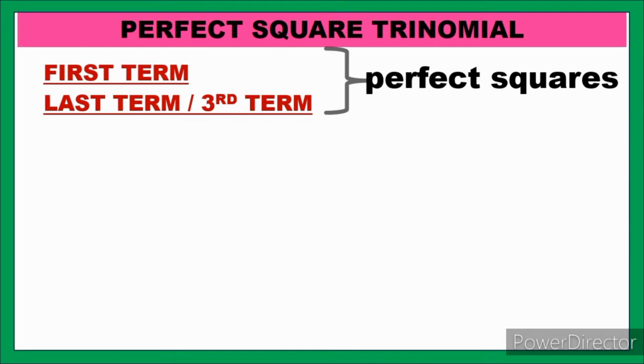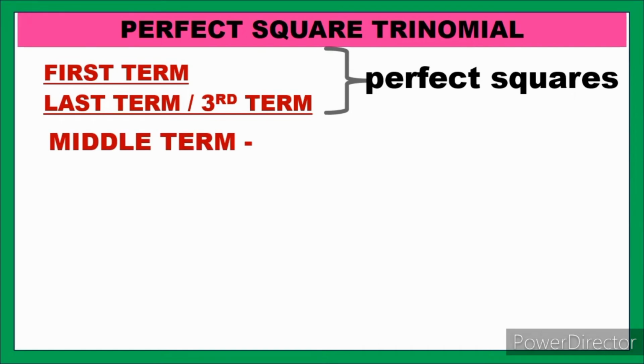When we say perfect squares, we have the numbers 1, 4, 9, 25, 36, 49, 81, and so on. So those are perfect squares. So again, the first term and last term must be perfect squares.